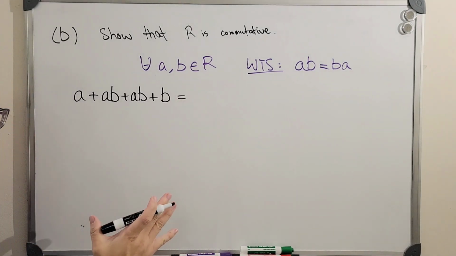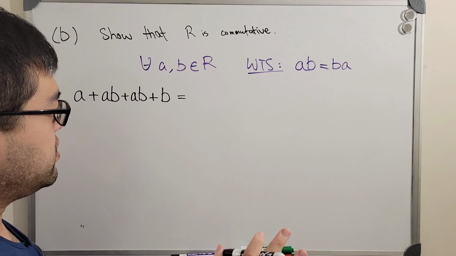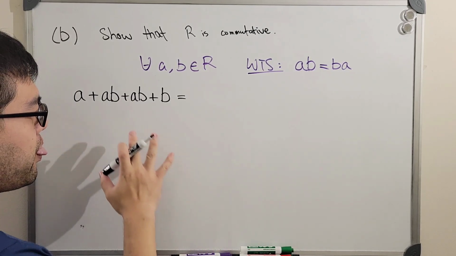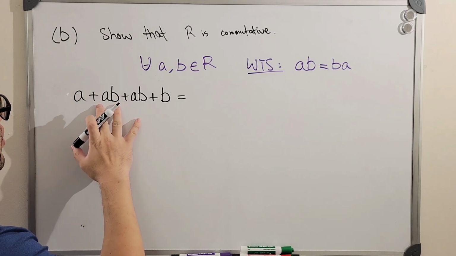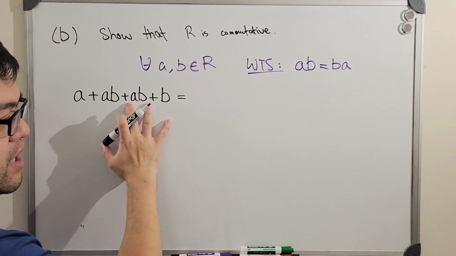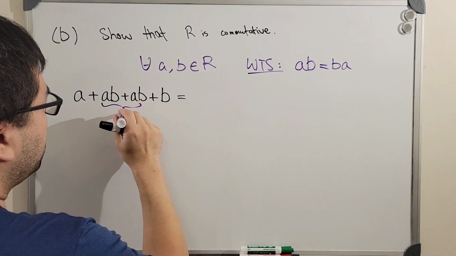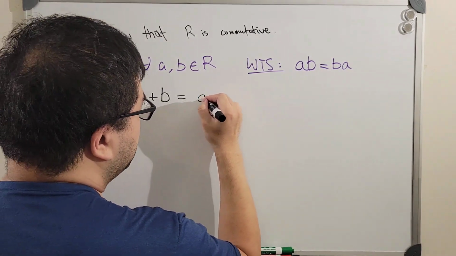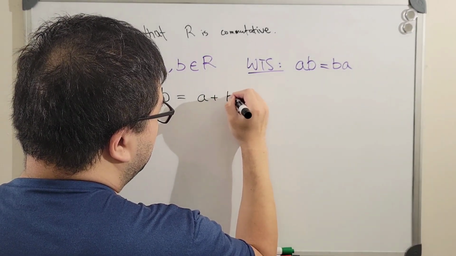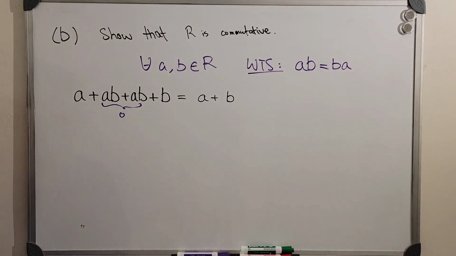From part A, we already proved that if we have two copies of an element in this ring adding together, they will cancel out. In other words, in this case, AB plus AB is equal to 0. Therefore, if this cancels out, we just end up with A plus B. And of course, A plus B is also the same as A squared plus B squared.